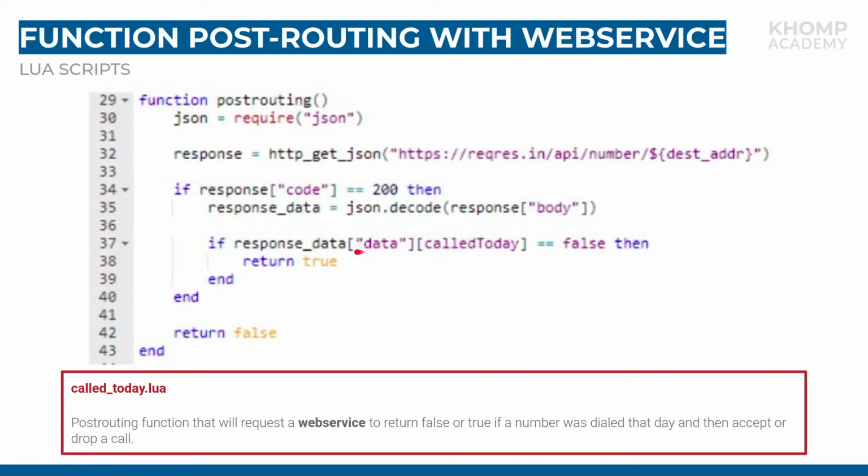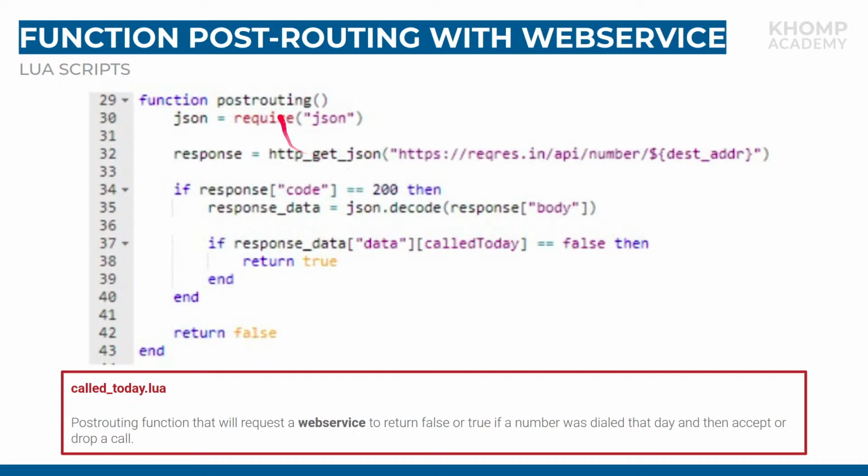Okay, if the person was already called today, I'm going to return false, or if wasn't called today is false, then the function post routing is going to return true, because that person wasn't called that day. So that true is going to forward the call to the destination app in order to complete the call.